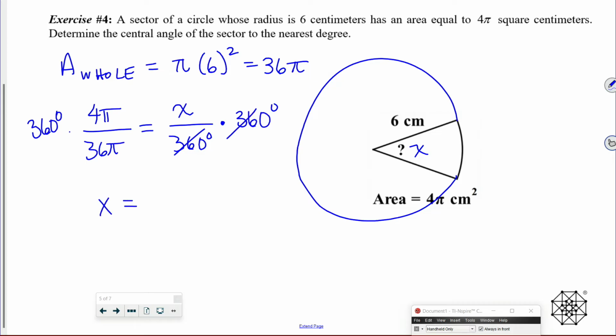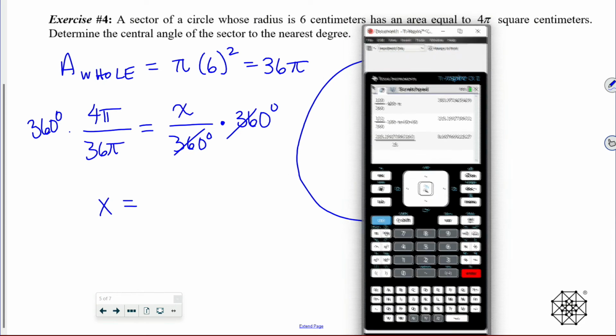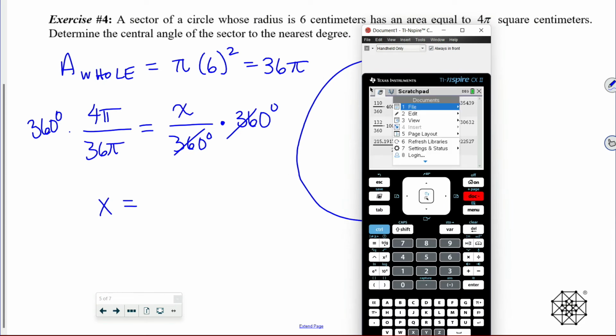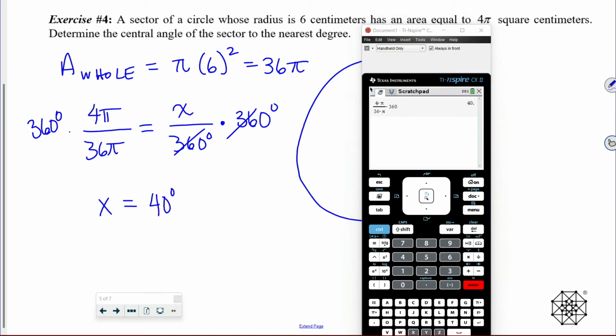And let's see what my calculator tells me. It's actually quite easy, because I can put all of that in. There's nothing wrong with putting it in exactly the way it looks. If I have my fraction, 4 pi in the numerator, 36 pi in the denominator, times 360 degrees, I find that my angle is equal to 40 degrees.